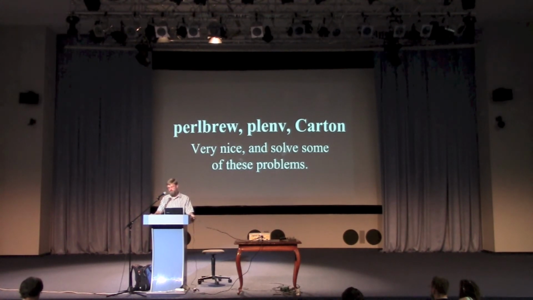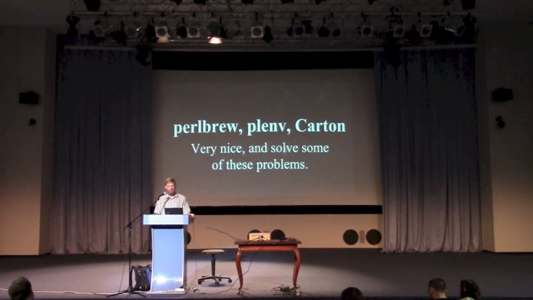And then Carton is a port of Ruby's bundler, which allows you to specify exactly which CPAN modules are being used in each of your applications, to track that data in version control, and to specify the exact version if needed, or to not specify the version and let it update to newer versions for you.